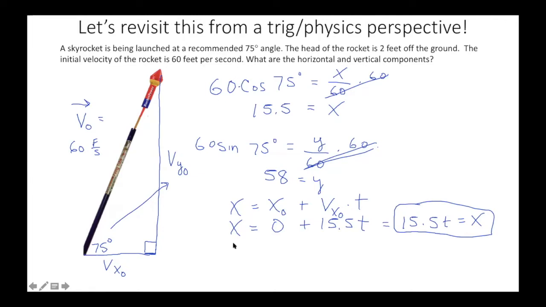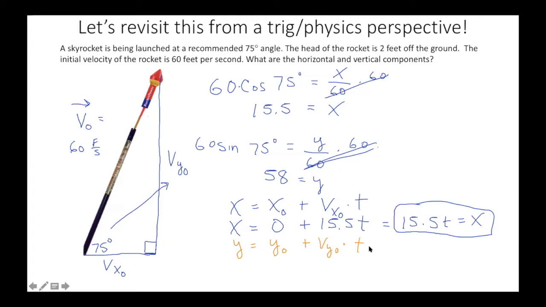Well, we can say that y is equal to y naught, which is the starting vertical position, plus, again, we want distance, so that's velocity times time. But if we just look at the vertical component, if you were to shoot a rocket, it would go up forever.